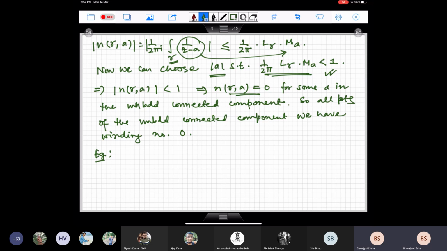For instance, we saw this gamma r case. Okay, so if this is gamma r, here the winding number is 1, and here the winding number is 0. Now, for example, if I take some curve like this, let's say it goes like this, then like this, then like this, then like this. So here, what is the winding number?